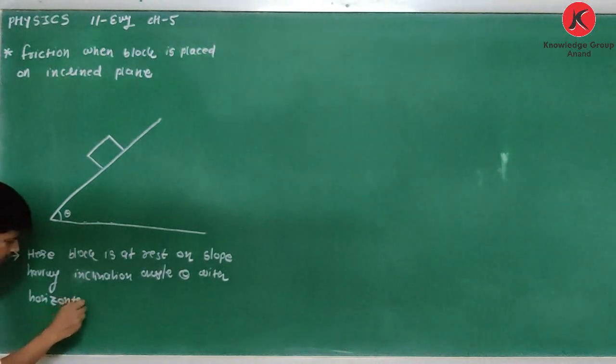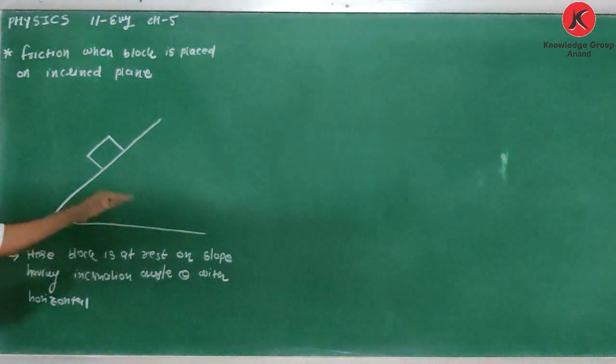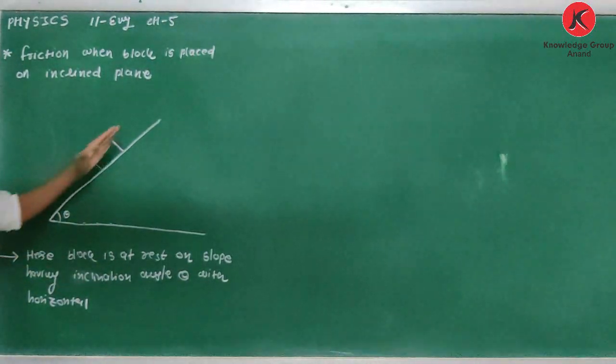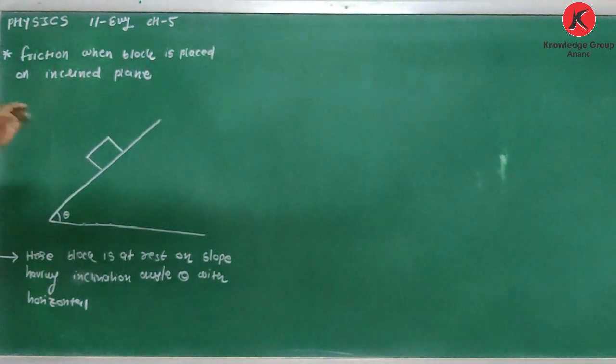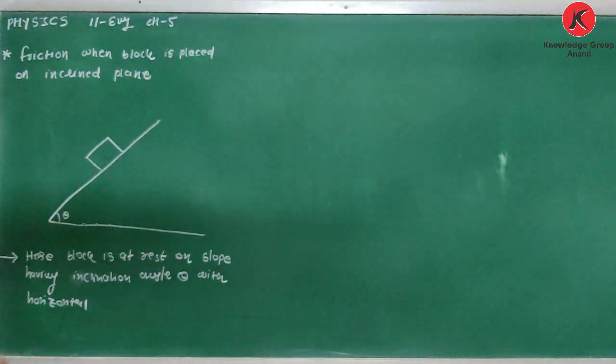In the last lecture we discussed when a block is placed on a horizontal surface, but now it is placed on an inclined surface having angle theta.